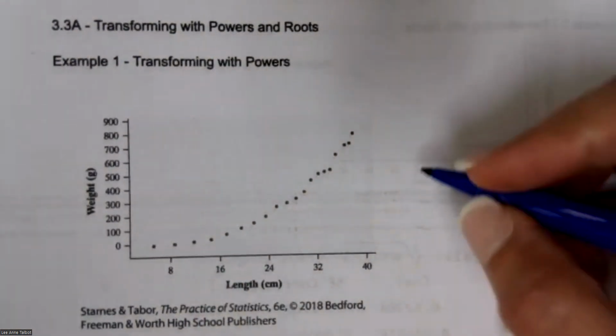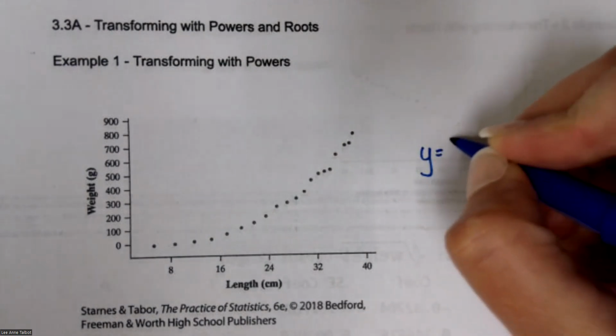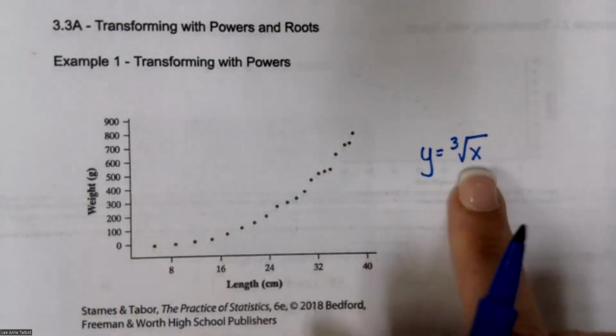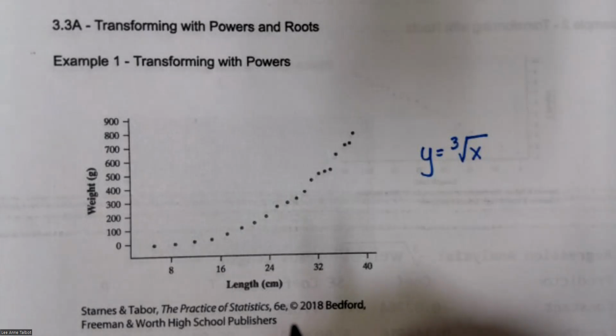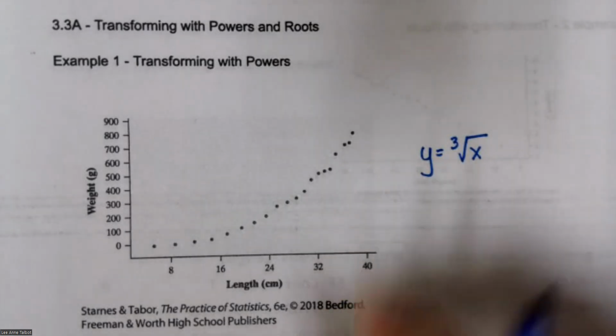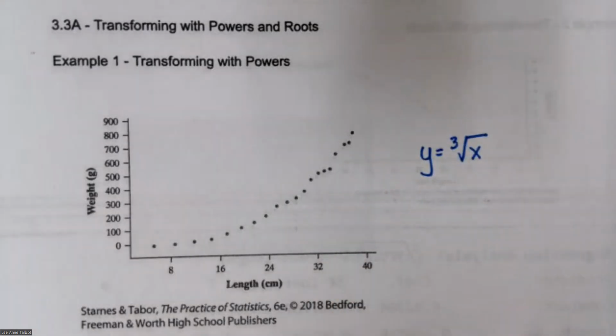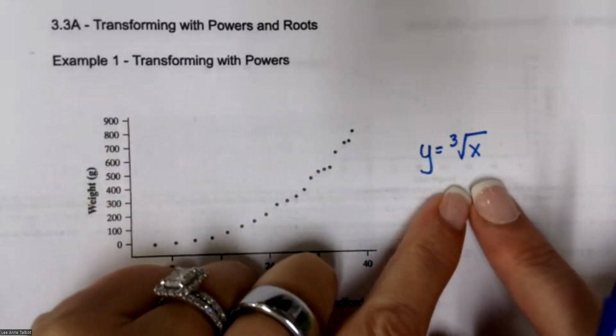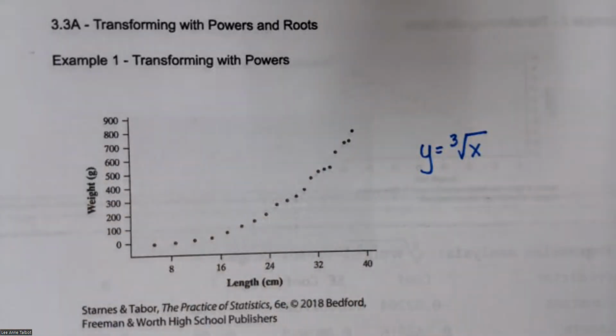Okay, so this is what I'm thinking. I think that the original graph was some transformation of the cube root of x. And so what they did was they cubed it to make it into a line. Okay, you do not need to do this. You don't need to figure this out. That's not a thing for you to do. I'm just letting you know this is probably what happens in research.